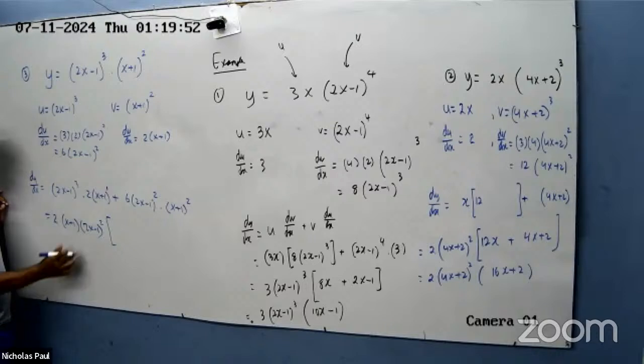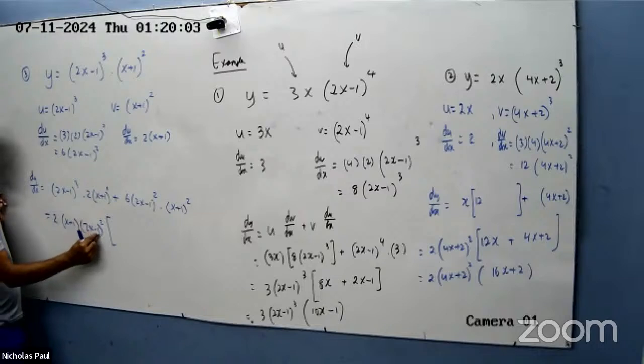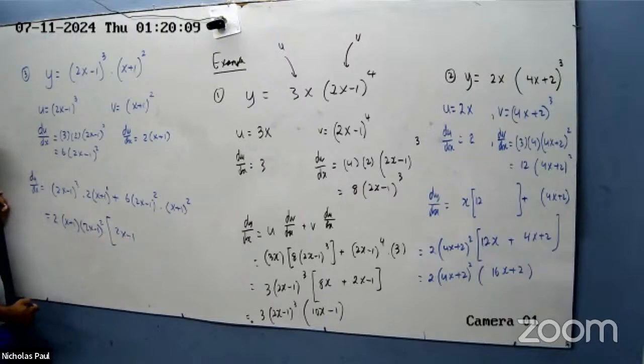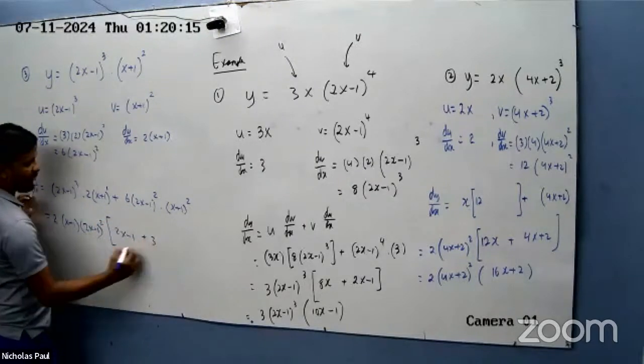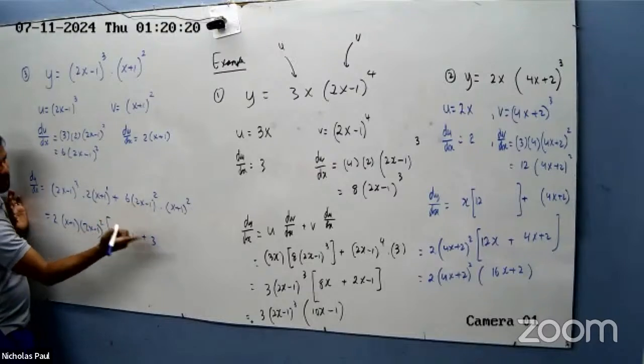Help me break it down now. If I take out 2 from here, this will disappear. If I take out x plus 1 from here, that will be 1. And if I take out 2x minus 1 squared from here, I'll get 2x minus 1. And if I take out 2 from 6, I will get 3. If I take out 2x minus 1 squared from here, that becomes 1.